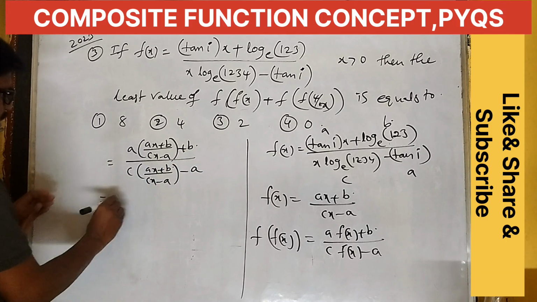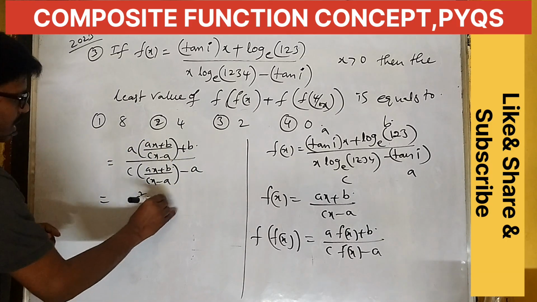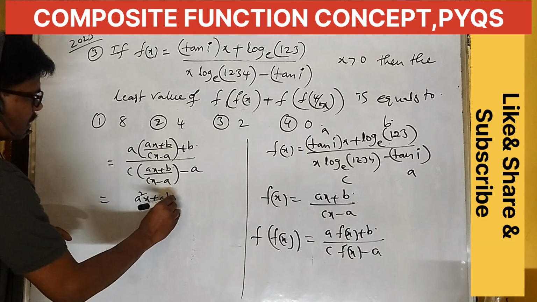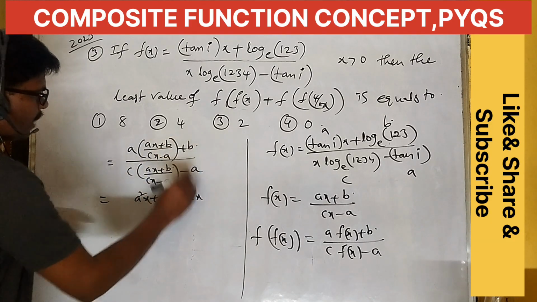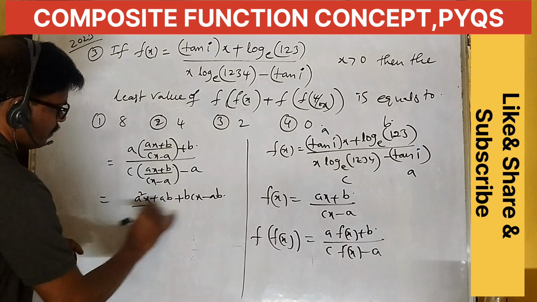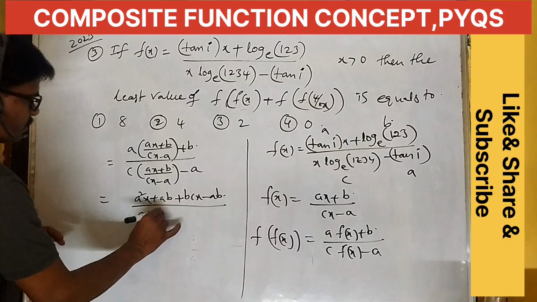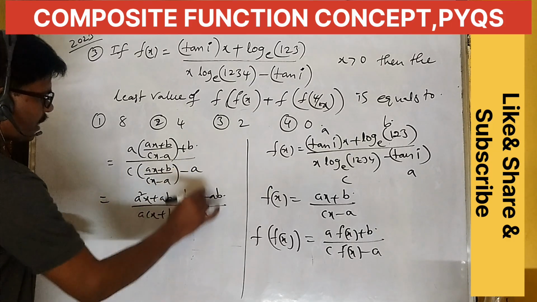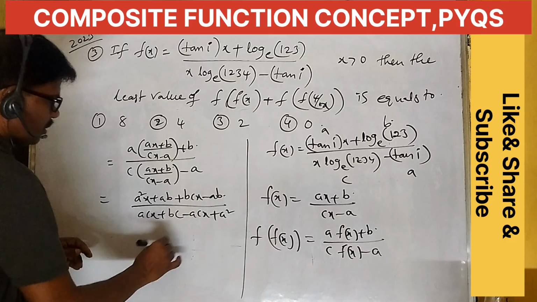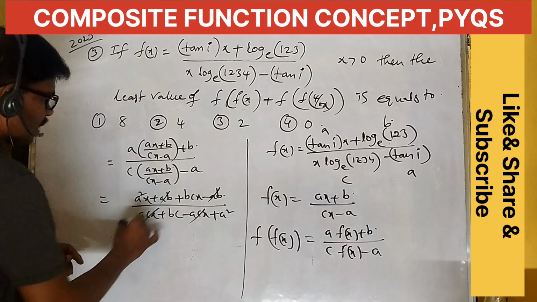Okay, simplify this one. A into a square x, a into b plus ab, next c into bcx minus ab, and downside also acx plus bc minus acx plus a square. Okay, acx is cancelled here, also ab is cancelled here.